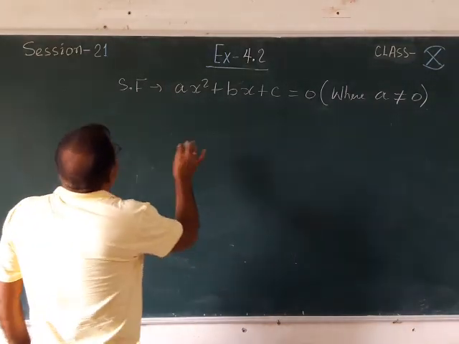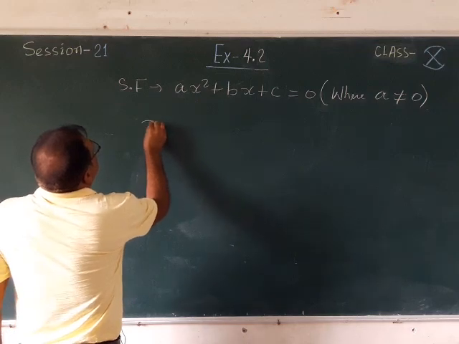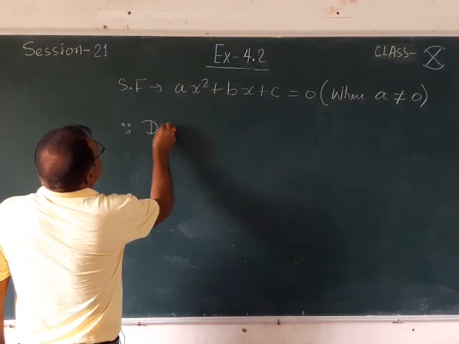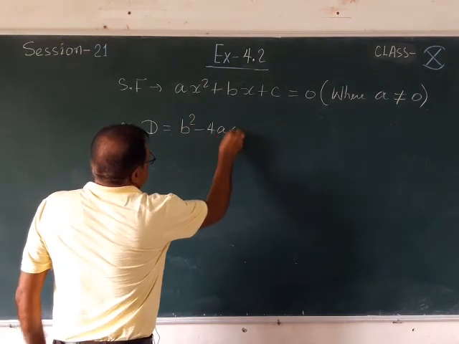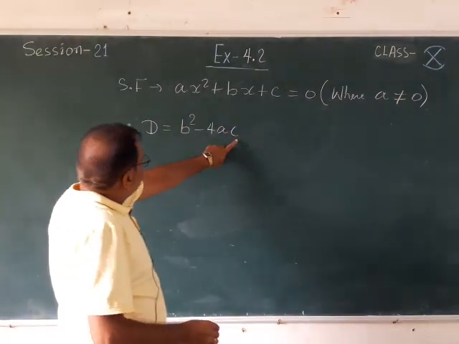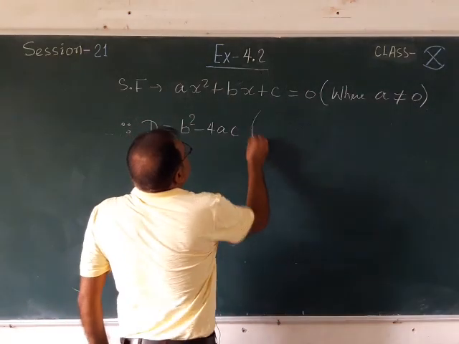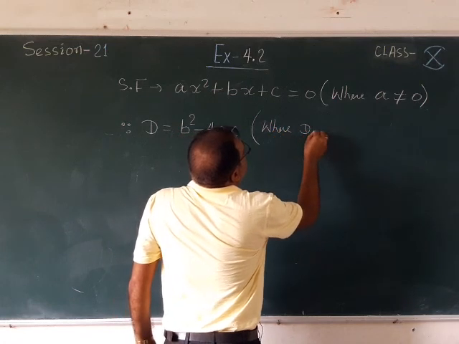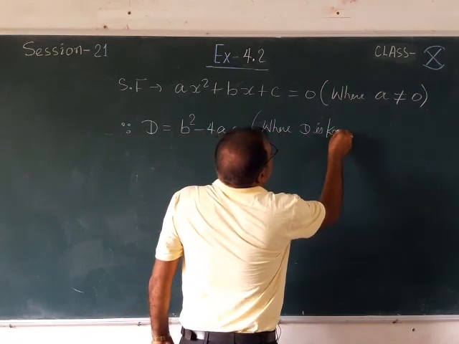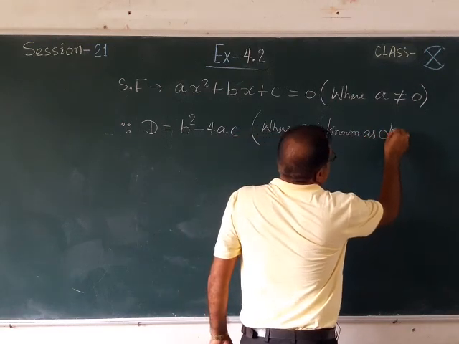First of all you will find D, where D means discriminant. D equals b square minus 4ac. This is the formula where D is known as the discriminant.